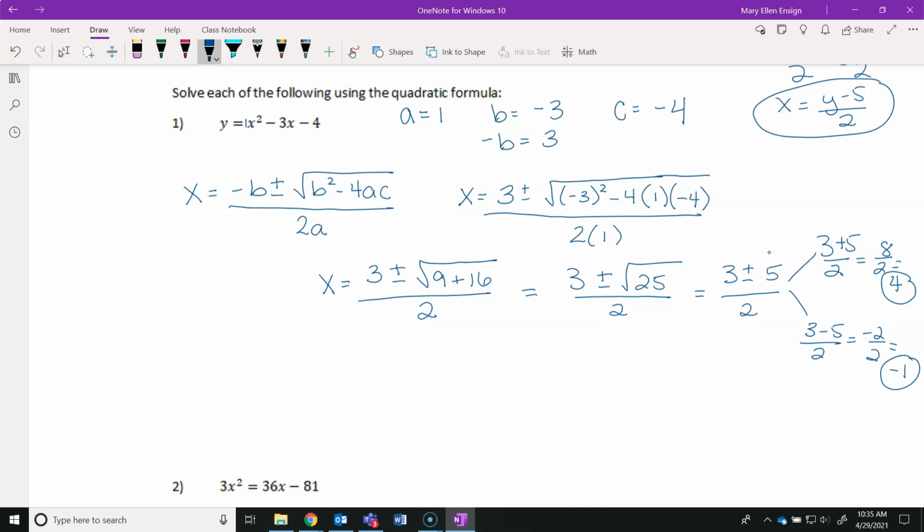Okay, so those are our two answers. What we have for our solutions are x equals 4 and x equals negative 1.